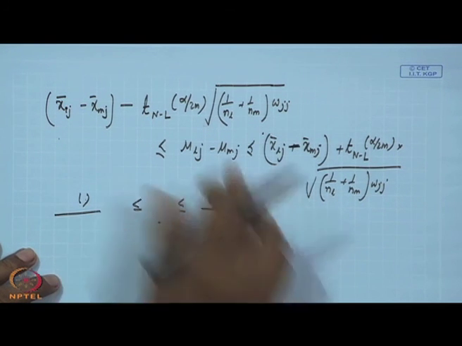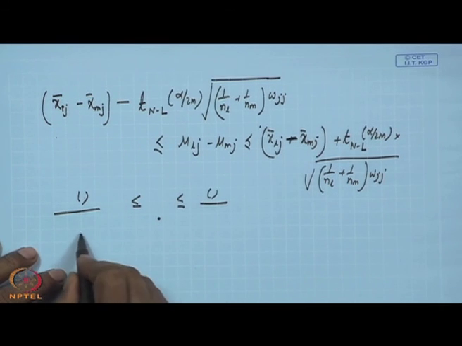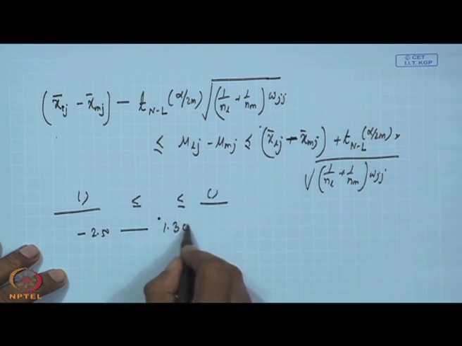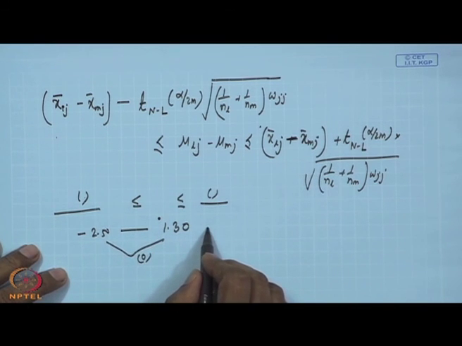Suppose the difference for a particular variable comes out as minus 2.50 to 1.30. Then you see that in between there is 0, so this variable is not creating the difference.